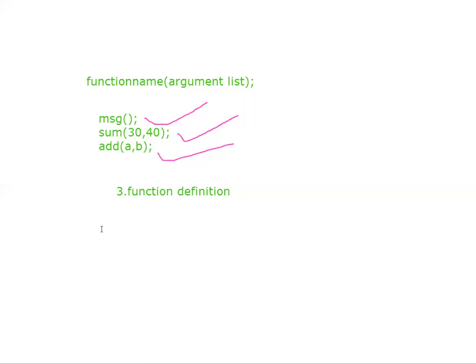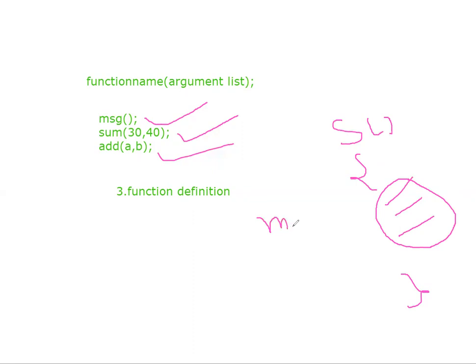So a function definition is a separate module. Like this is the s function, this is a separate module. In this s function, we can use any statements, any logic and any code, like in a main function. What do we use in the main function?